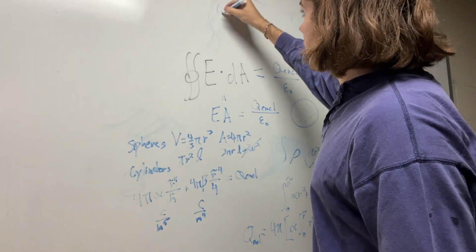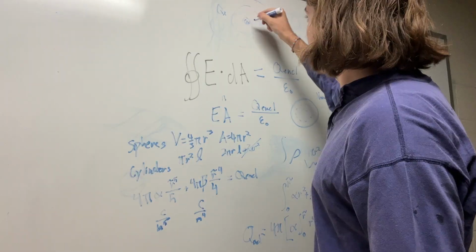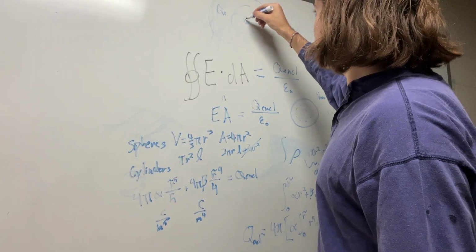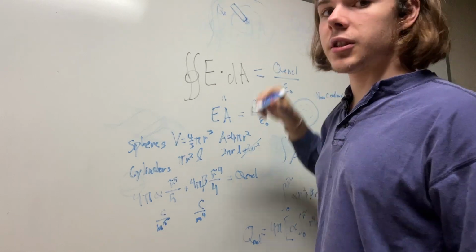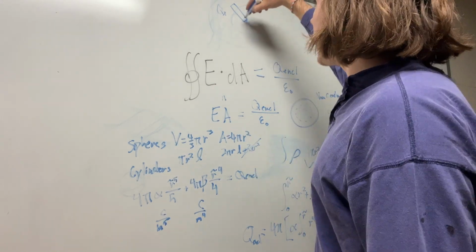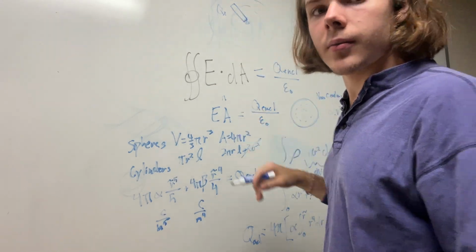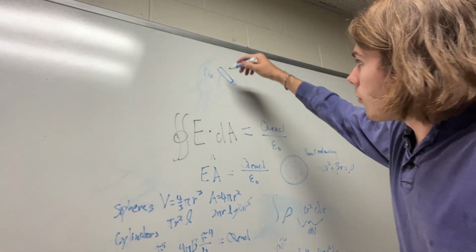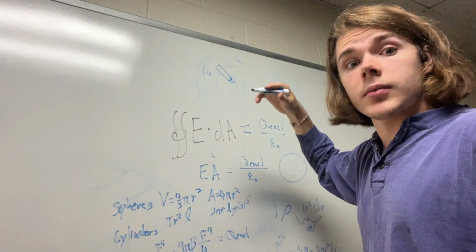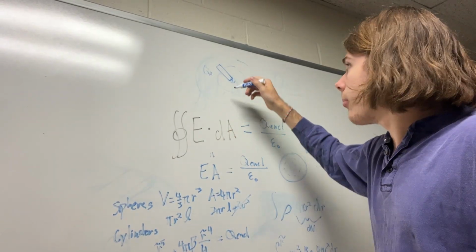If this has charge Q2, and this has charge Q1, and you drew a Gaussian surface like here, a really thin cylinder, and the E field was perpendicular to this, then the end caps would be the only thing that should have electric flux going through them.